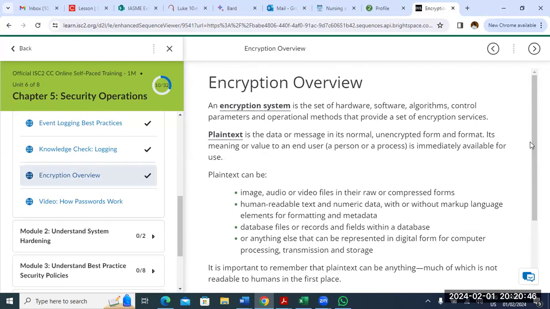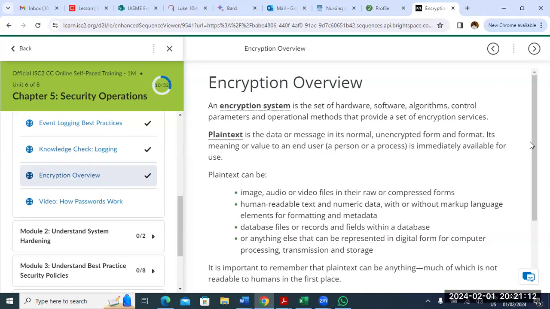An encryption system is a set of hardware, software, algorithms, control parameters, and operational methods that provide a set of encryption services. Plain text is the data or message in its normal, unencrypted form or format, meaning its value to an end user is immediately available for use.